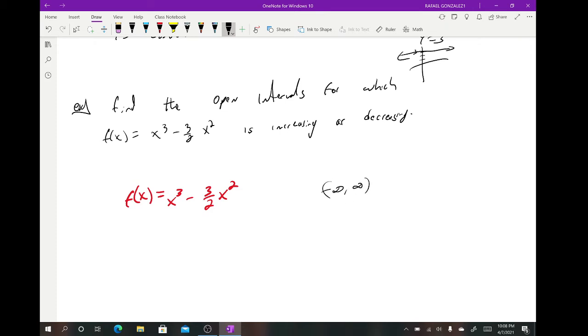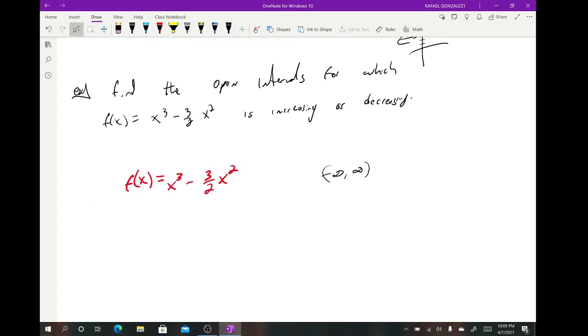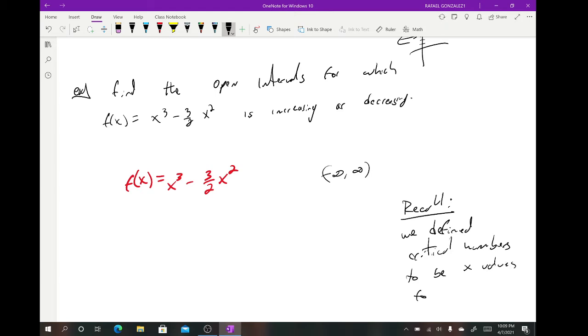Now, to actually figure out where the function is increasing and decreasing, we have to find the critical numbers of the function. Let me just recall, we defined critical numbers a while back to be x values for which the derivative f'(x) is equal to 0.